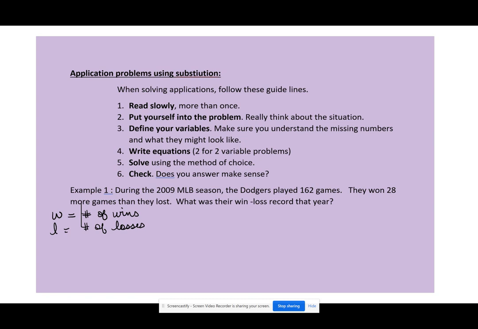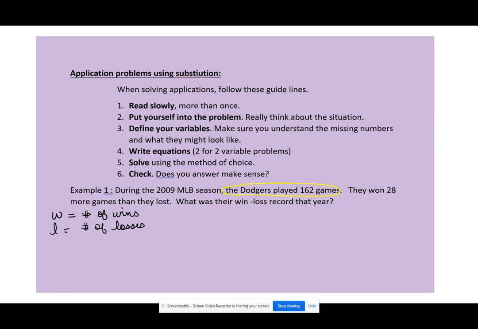Okay, so step 3, define my variables. That's what I just did. I stated my variables: wins and losses. All right, step 4, write equations. These are mathematical relationships between the wins and the losses. You've got two sentences, and each one represents an equation. The first one says the Dodgers played 162 games.